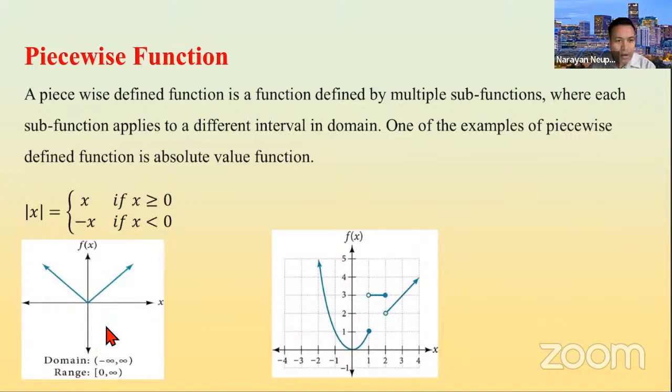For example, here, if you look at this first graph, for all values less than 0, the graph is going down, and the equation of that graph is y equal to negative x. For this piece, the equation is y equal to negative x.